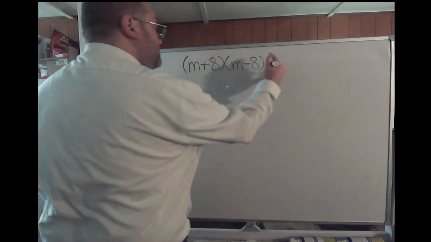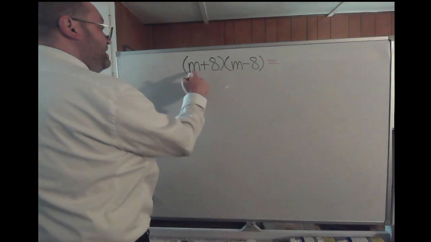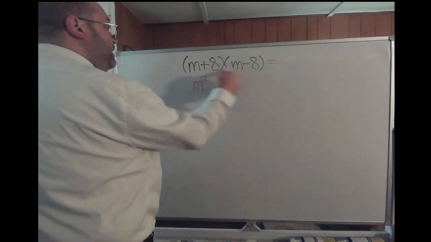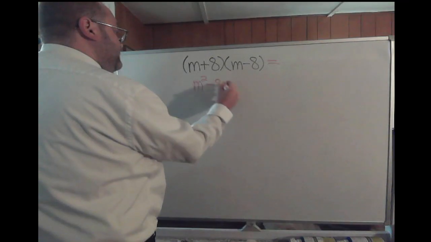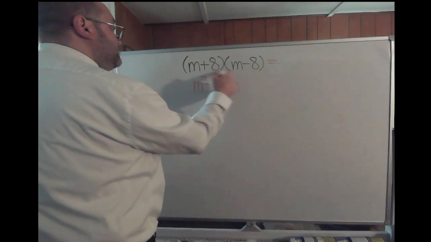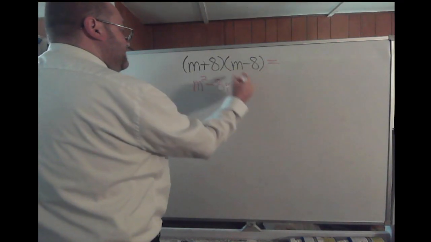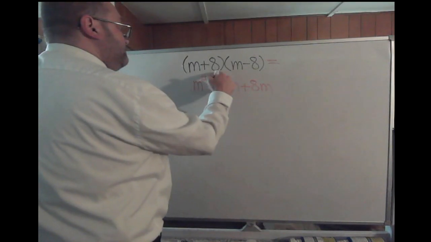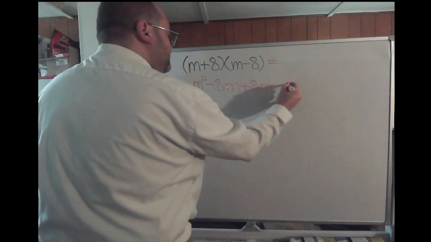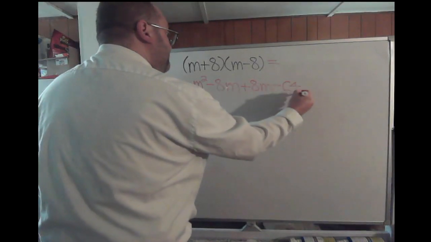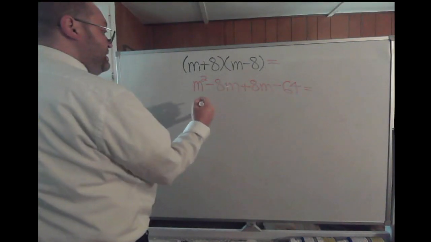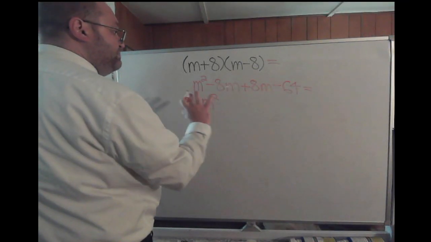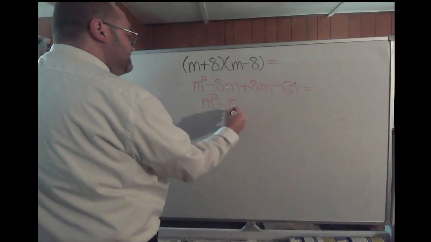Well, do our FOIL method, m times m, that'd be m squared, minus 8m, plus 8 times m, that'd be plus 8m, then 8 times negative 8, that'd be negative 64. Well, simplify this, you would get m squared, negative 8m plus 8m is 0, you just get m squared minus 64.